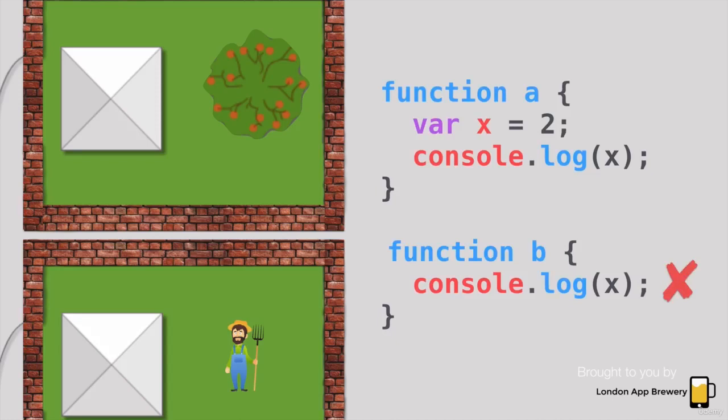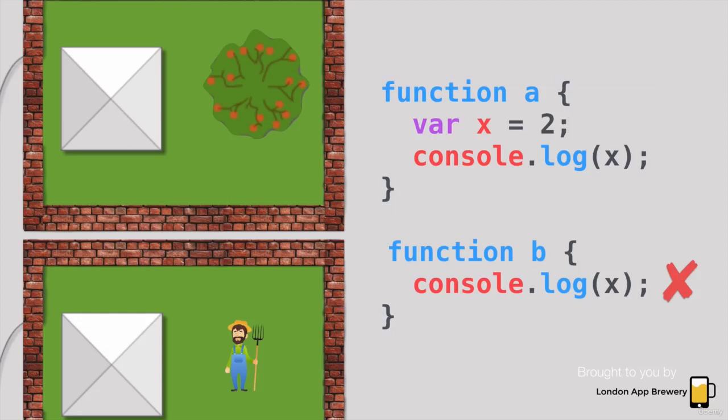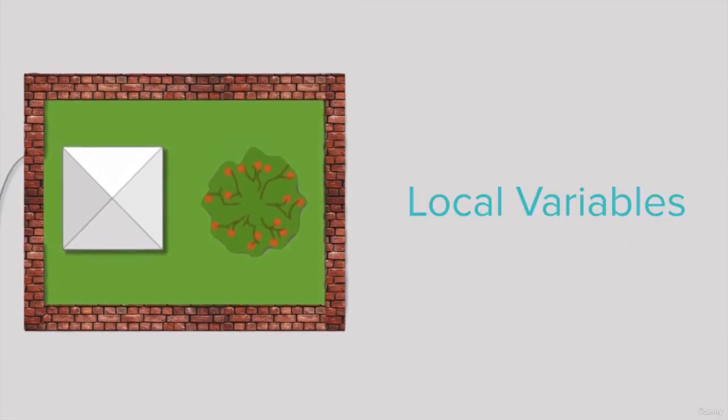So again, in this case, the scope of variable x is limited to inside the curly braces of function a. Now, these are called local variables, and the scope of local variables are local to where they were declared. So in most cases, that's inside the curly braces of a function.